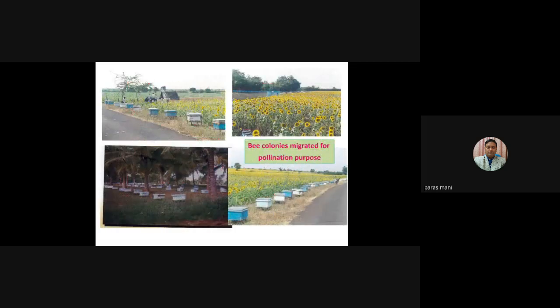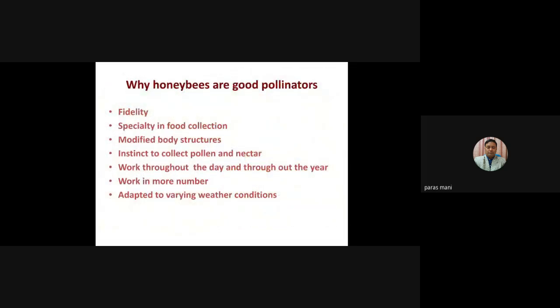This is important because in a few species, the male and female parts mature at different times, like avocado, what I said, butterfruit, we call it in South India. In that, the female organ matures in the morning, and the male organ of that flower matures the next evening.